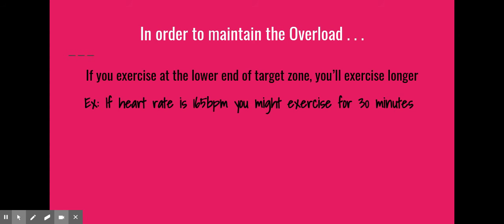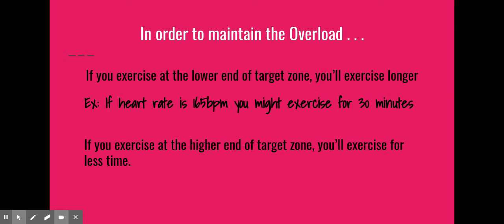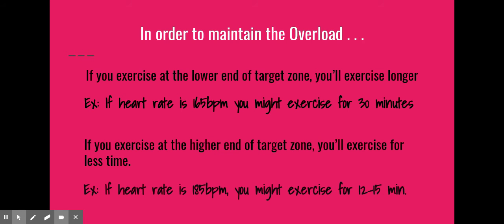So for example, if your heart rate is 165 beats per minute, you might exercise for 30 minutes. On the other hand, if you exercise at the high end of the target zone, or high intensity, you'll be able to exercise for less time. If the heart rate is 185, you might exercise for 12 to 15 minutes.